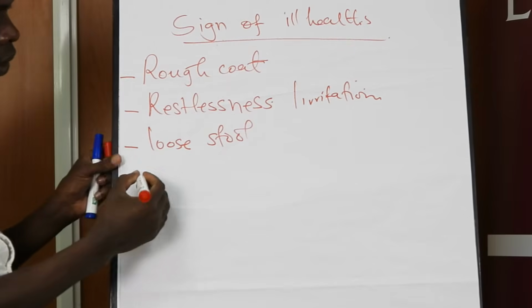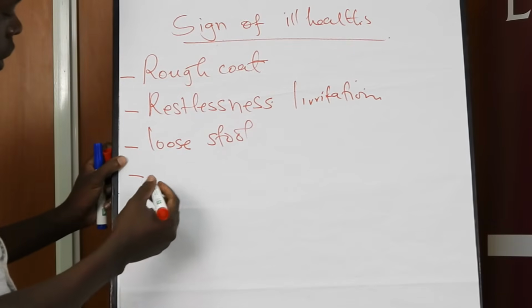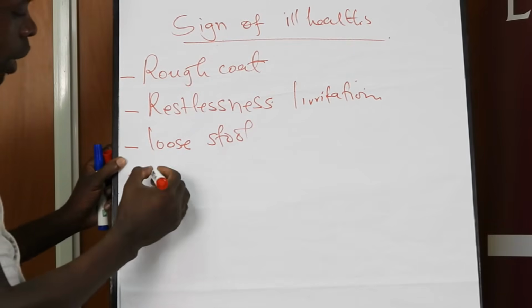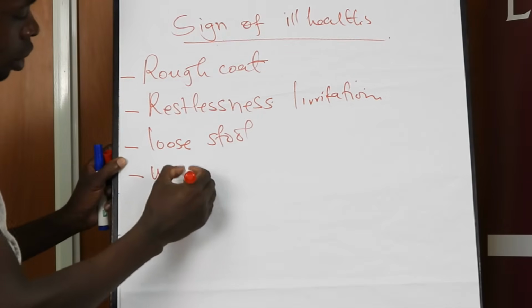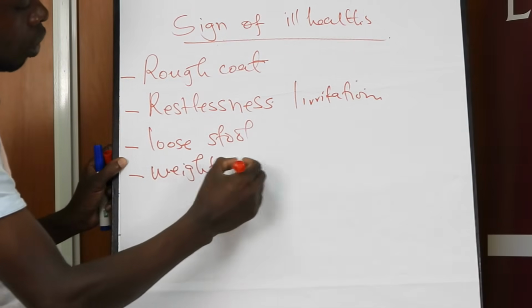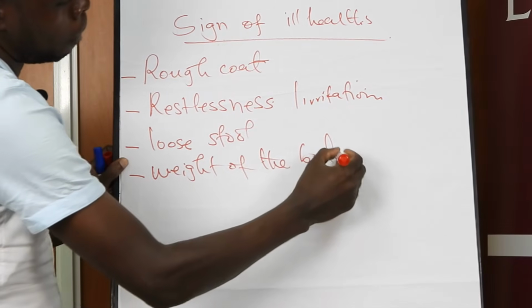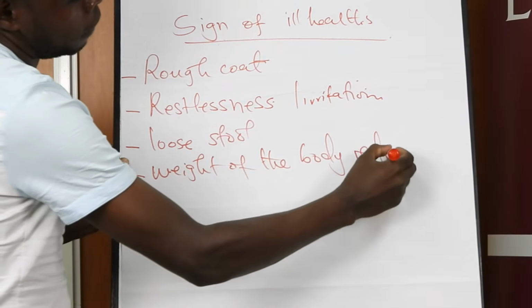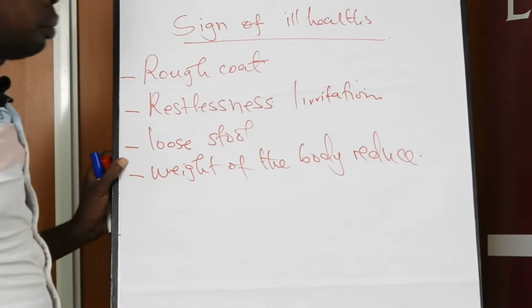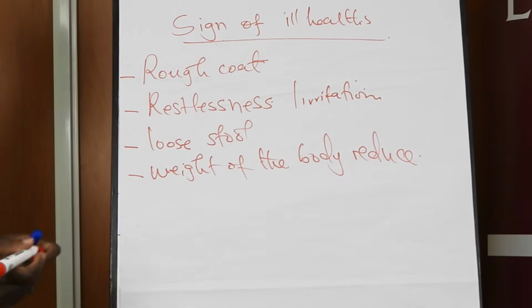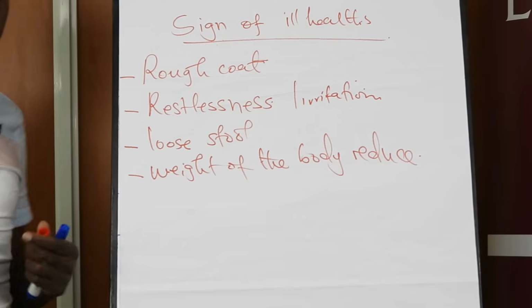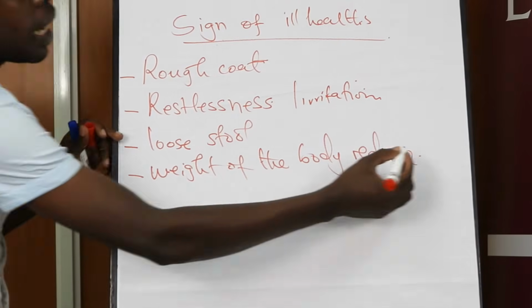And another one, we have the body weight reduces. So when you look at the animal, the weight of the body goes down, but this one is not an immediate effect.